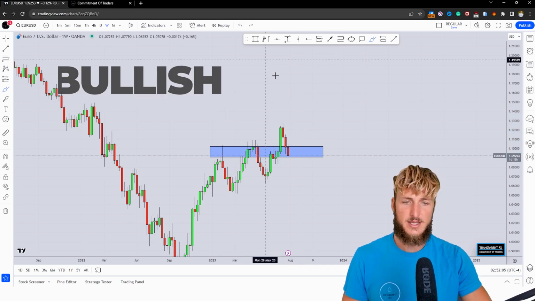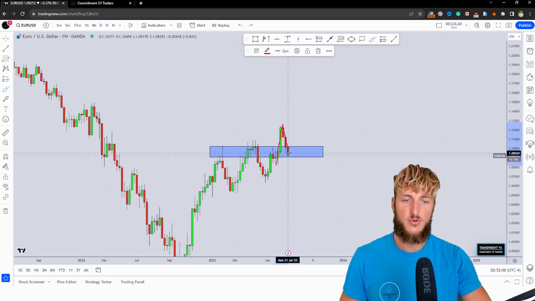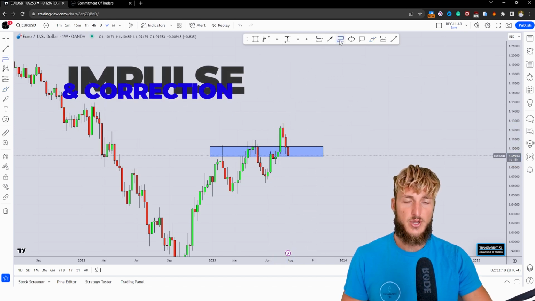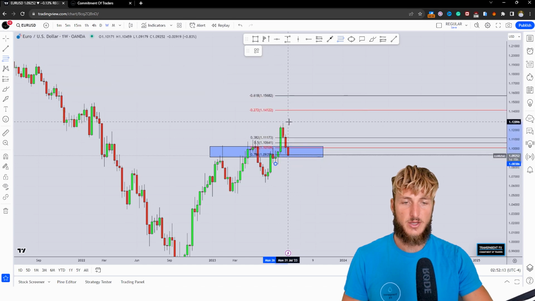We can also notice that, generally speaking, after an impulse, if you want to measure the correction, you have to take your Fibonacci from the low to the high of the impulse leg.